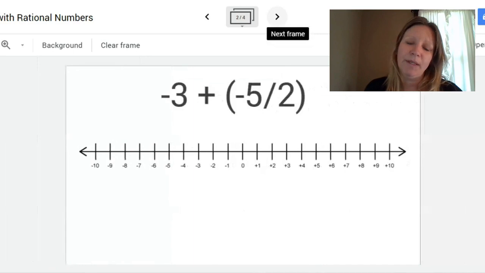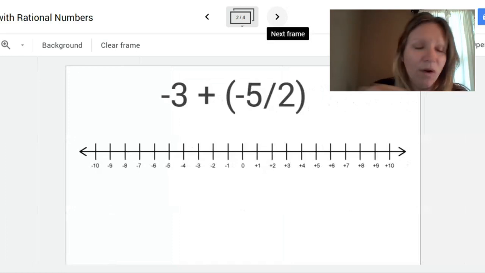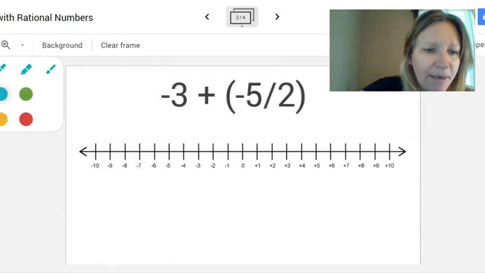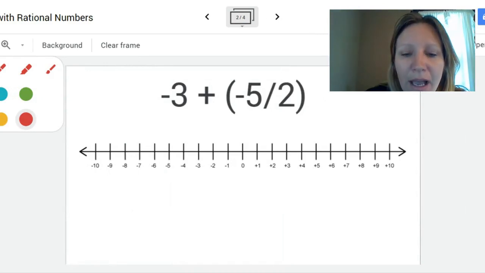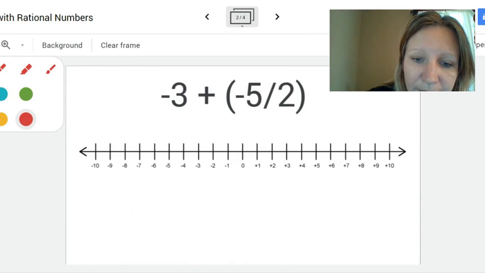The next example is -3 plus -5 halves. Before we start anything, I want to talk about what -5 halves even means. When we're talking about a number line, 1/2 is not quite a whole. Let me show you what I mean by that. I'm going to use some red. If I'm going 5 halves, I want to go 1/2 first.